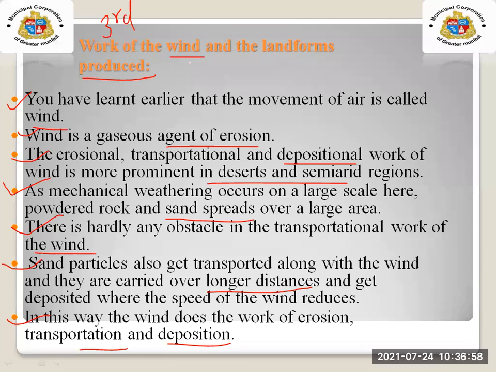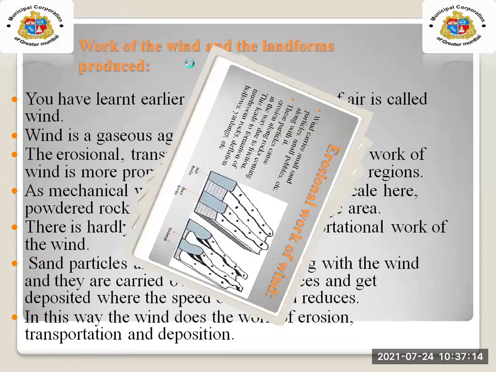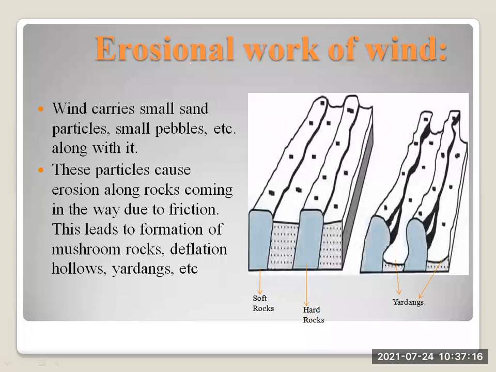If there is an obstacle, it will deposit it there only. If there is no obstacle, it will move on. The movement of the air will go on. Okay, then. Next is about the erosional work of wind.